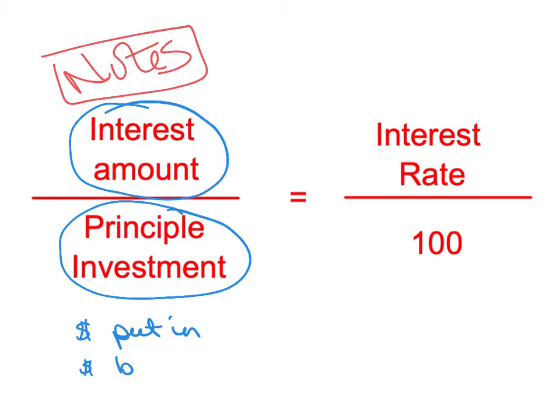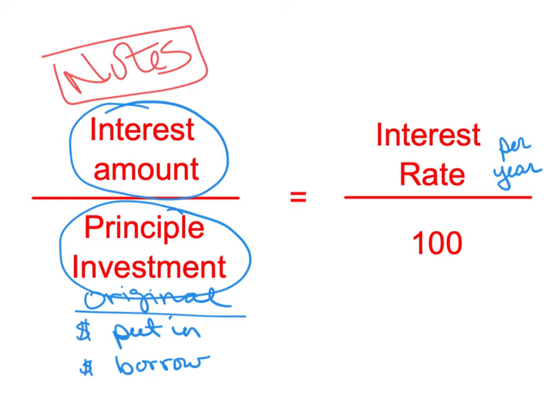It's your original amount. So if you want to think of it still as your original amount, that is fine. You can definitely do it. Our interest rate, and this is per year, and that's going to come into play a couple of times, is going to be over 100. Pause the video and write this down if you need to, and then continue when you're ready.